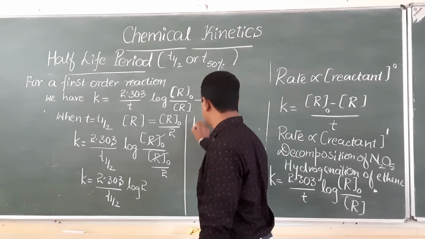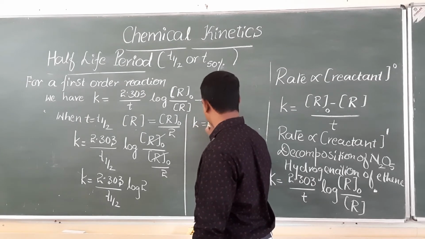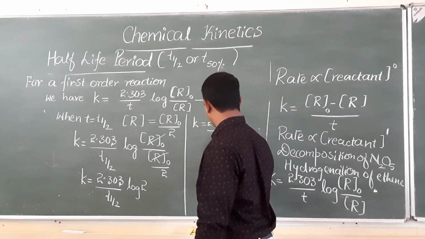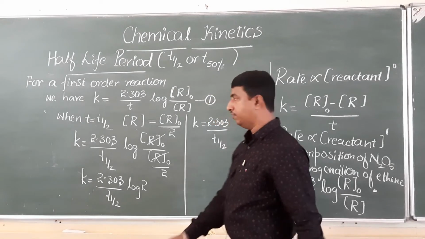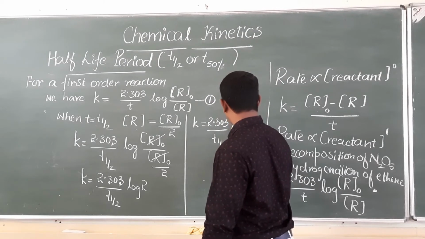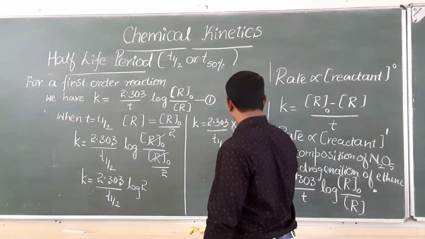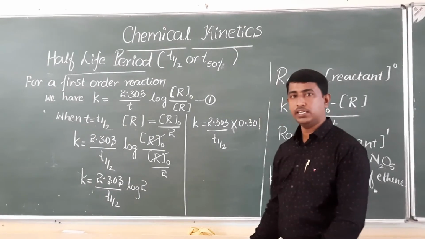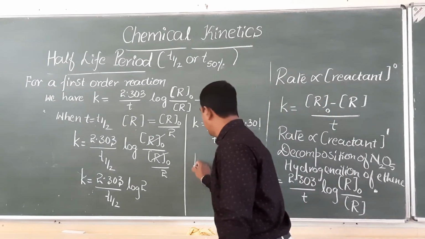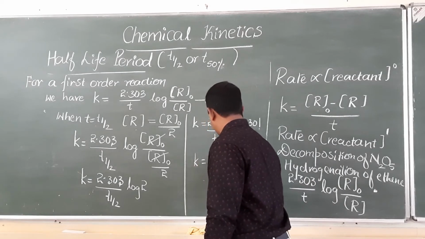I will continue it here. So K equals 2.303 by T half, and the value of log 2 is 0.3010.